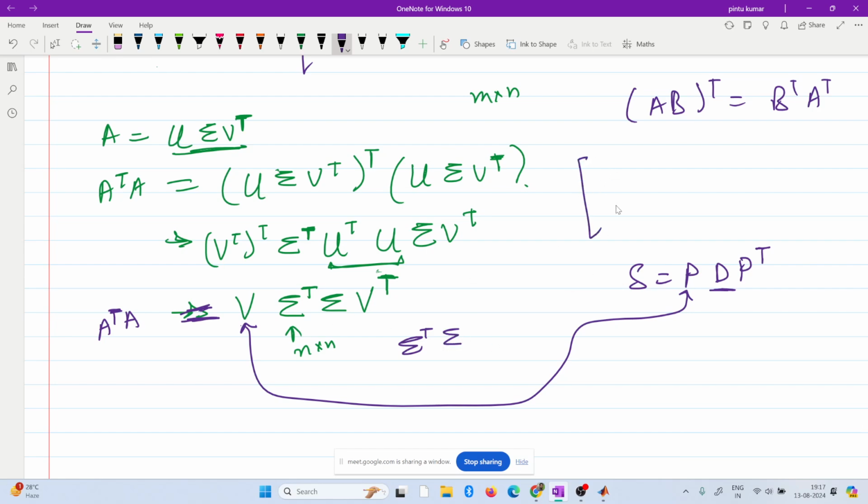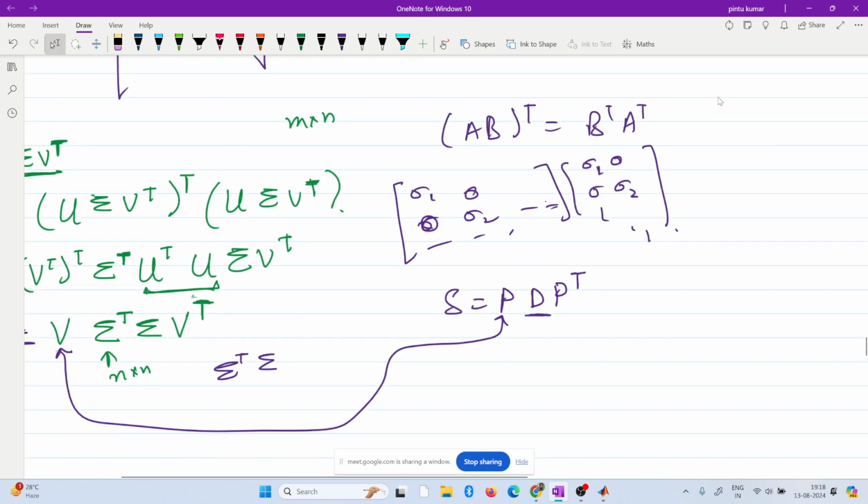If you have a matrix with sigma 1, sigma 2, and the rest zeros, and you multiply it with its transpose, the answer is a diagonal matrix of the form sigma 1 square, 0, 0, sigma 2 square.